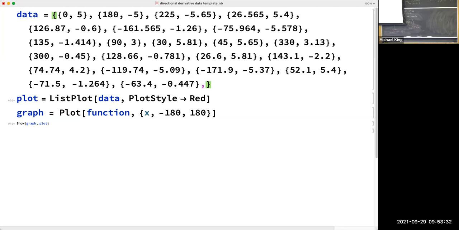Any more points? I feel like you guys haven't told me any points, right? These all accounted for. Okay. I don't care about the vector. I just care about the angle and the 11.3. And then what's the directional derivative in that direction? 4.8. All right, maybe this is enough data.